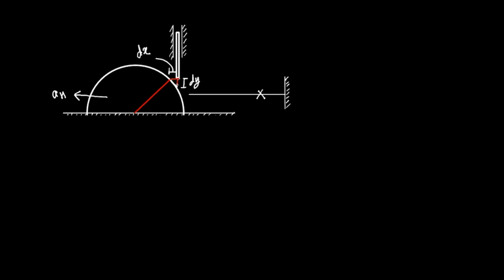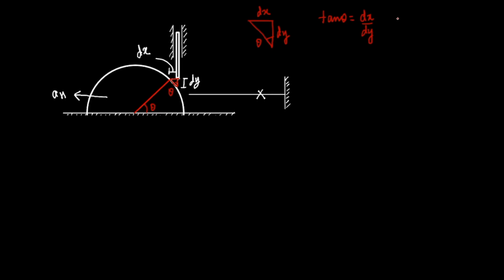This angle is 90 degrees, and this angle will also be theta. Let me draw it bigger so that you can understand it. This is the situation. This angle is theta, this is dx, and this is dy. So tan theta is dx upon dy.